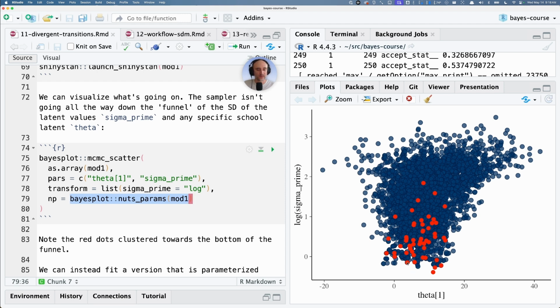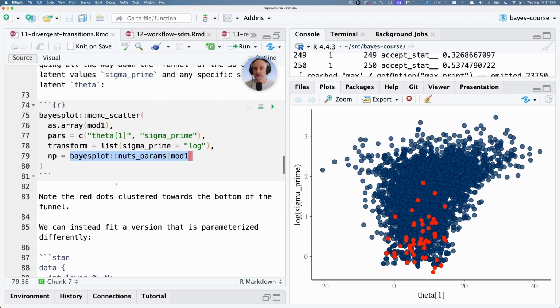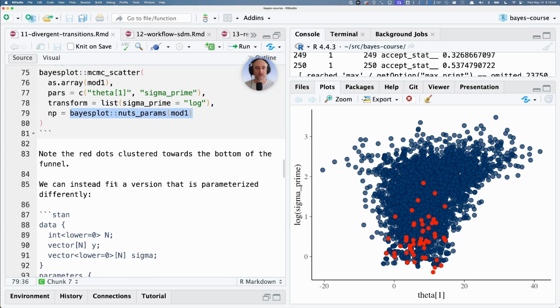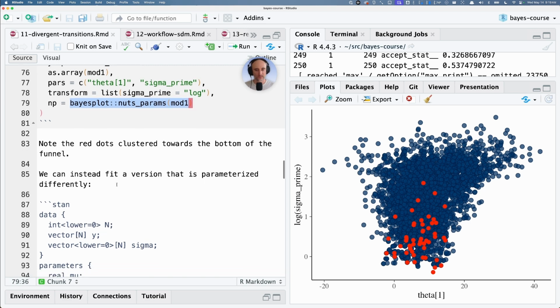And you can see all these red divergent transitions that tend to be happening towards the bottom of the funnel. So this is the classic funnel divergent transition problem. The solution to this is changing the way that the model is parameterized in the Stan file.